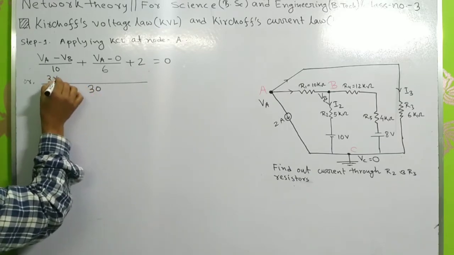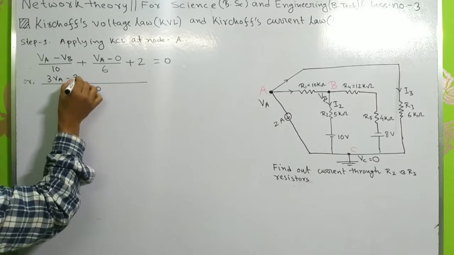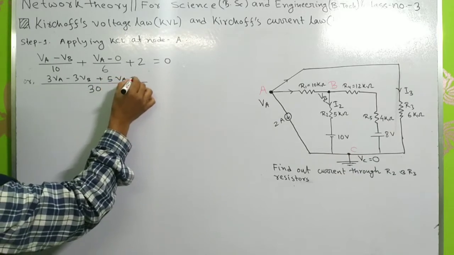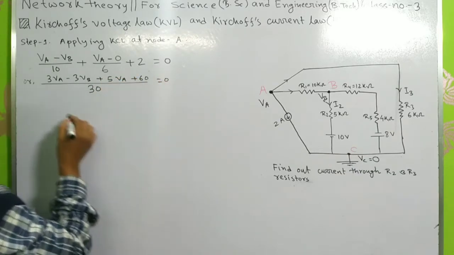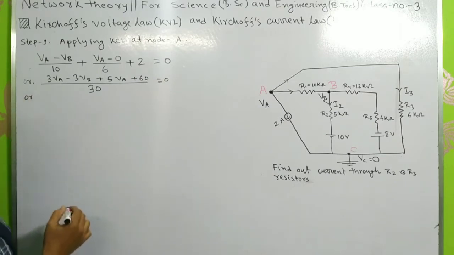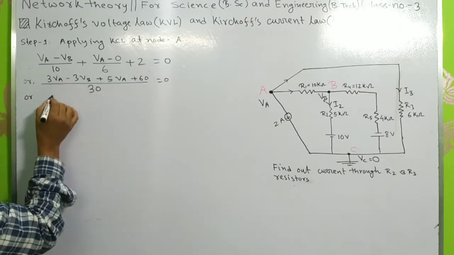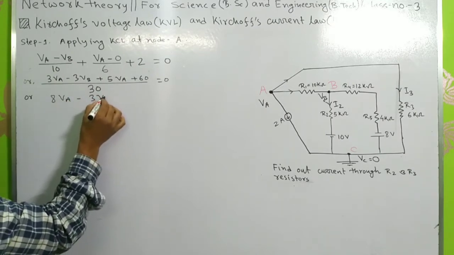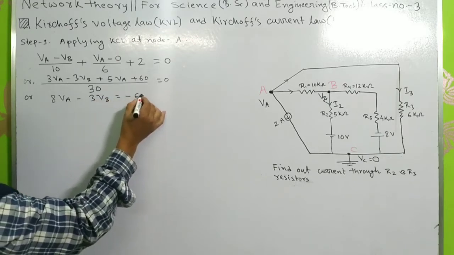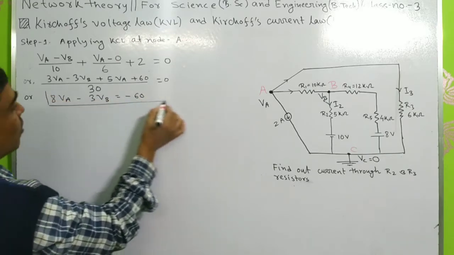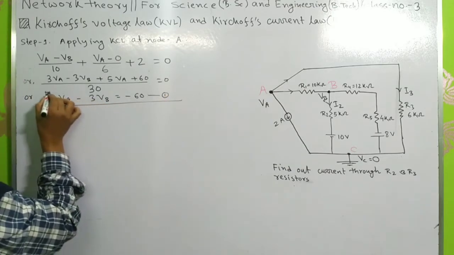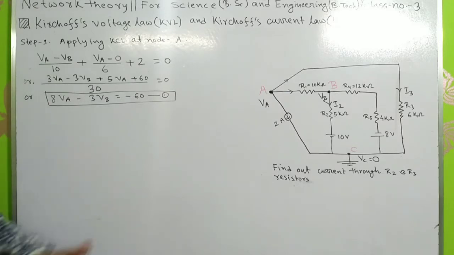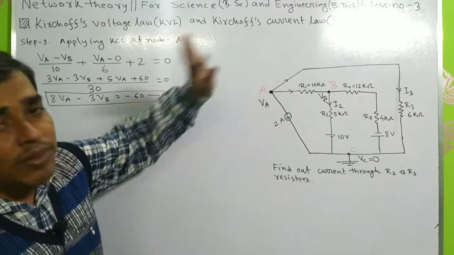So 3VA minus 3VB plus 5VA plus 60 equals 0, or 8VA minus 3VB equals minus 60. So this is equation number 1, the KCL equation of node A.